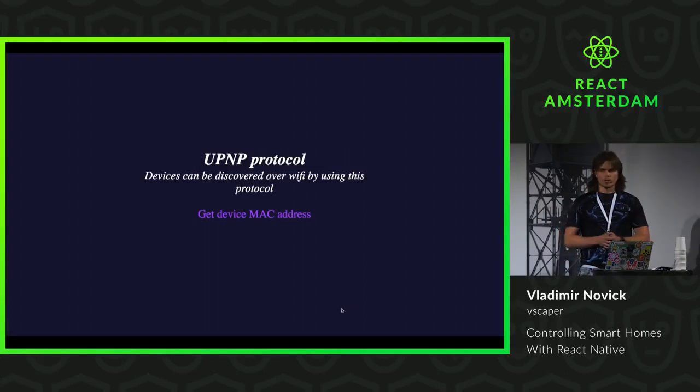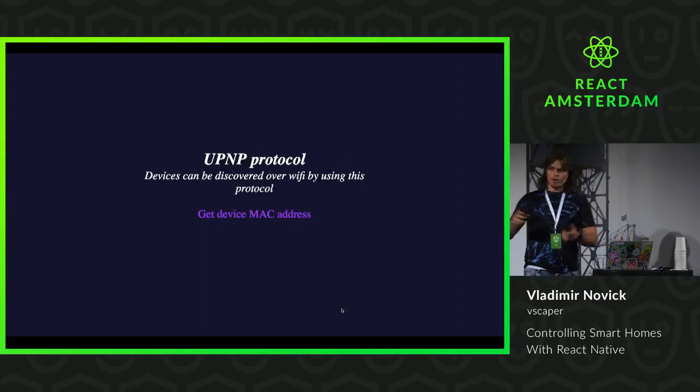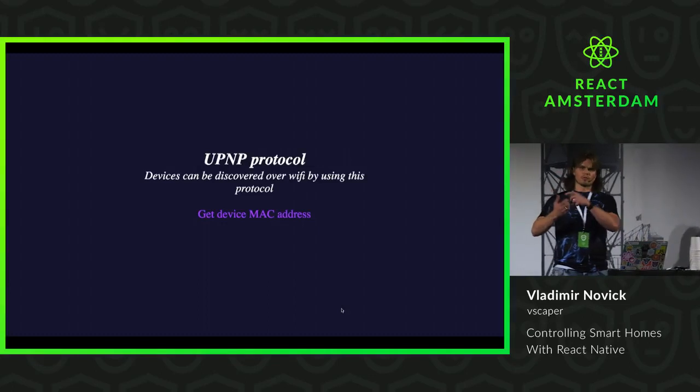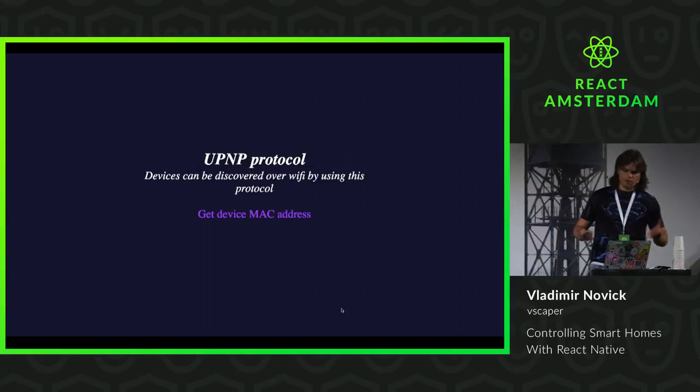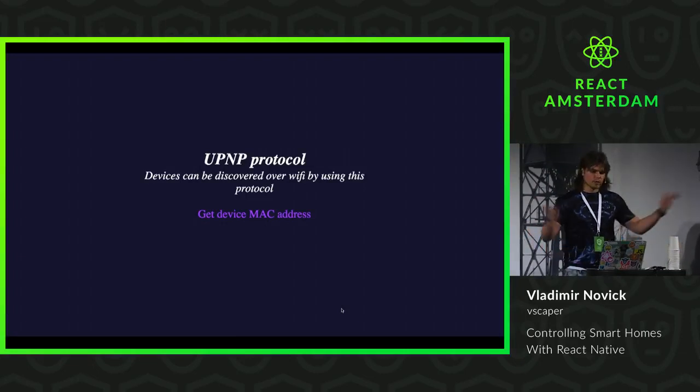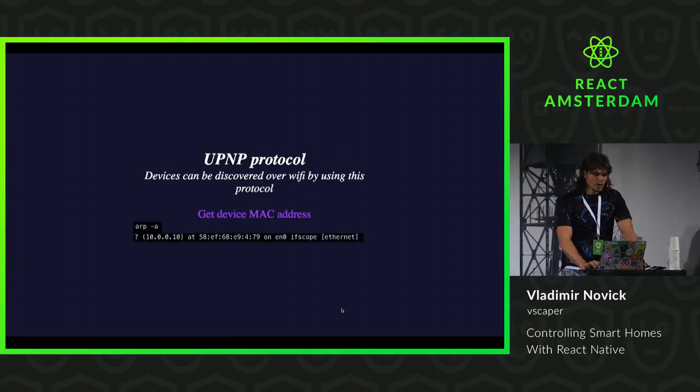We can get the device MAC address. For some devices, we can check the back of the device, and sometimes there are MAC addresses. Sometimes there are no MAC addresses, so we need to figure it out somehow. And basically, from the MAC address, we can, on the local network, figure out the actual IP of the device.